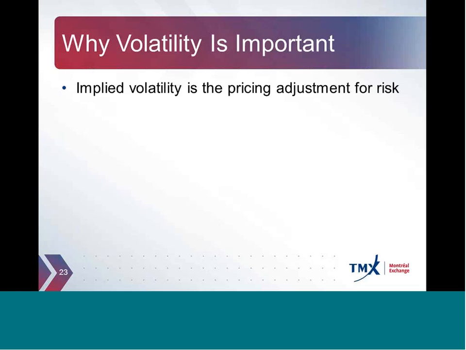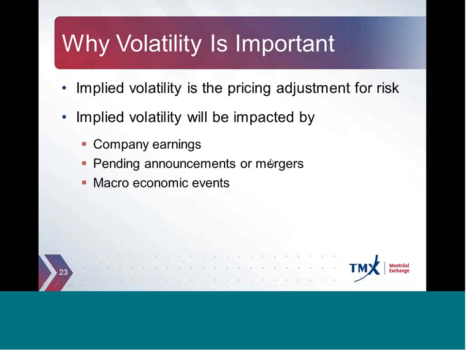In other words, a stock may have a specific historic volatility, but if there's some variable on the horizon, let's say company earnings, which is an unknown variable, it could certainly send the stock in one direction or another, as could pending announcements or mergers or macroeconomic events, so just the general market conditions.